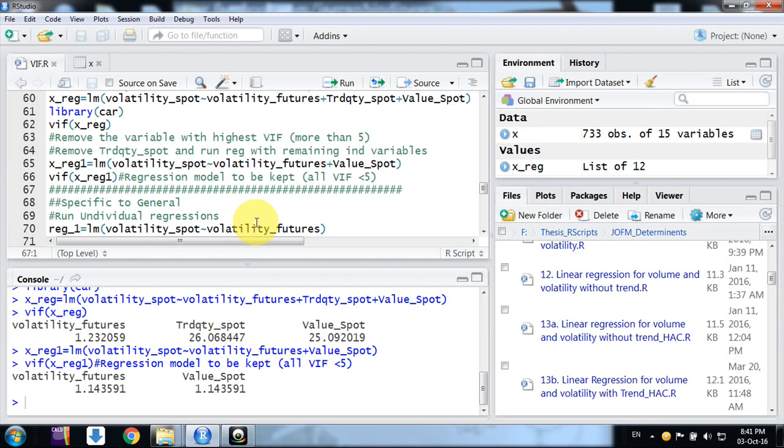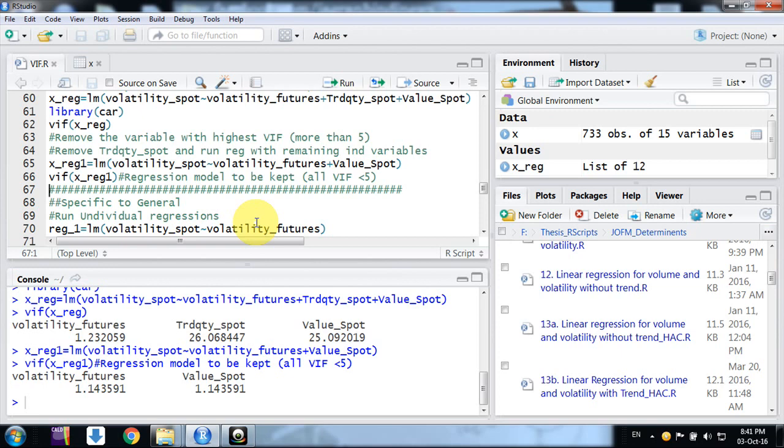So here I am considering VIF. You could also consider the variable with the highest significance level, like p-value. Results would be similar or almost the same.